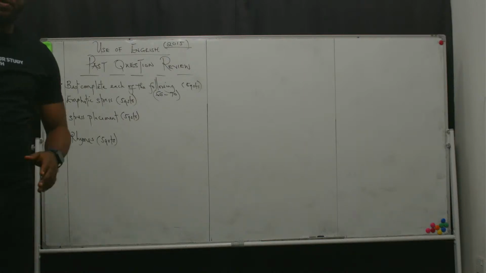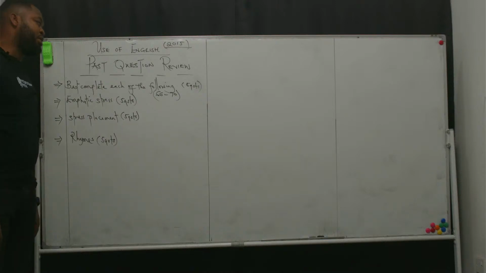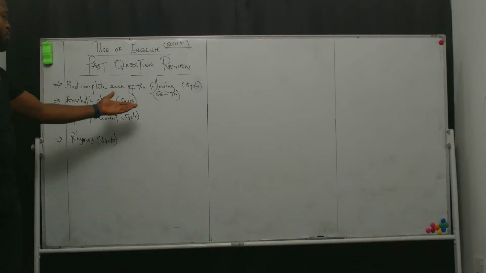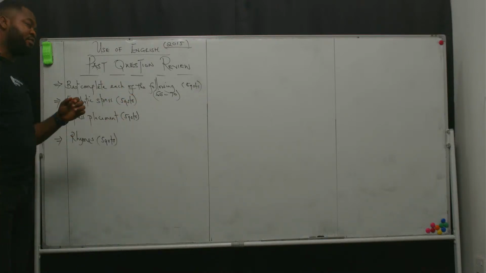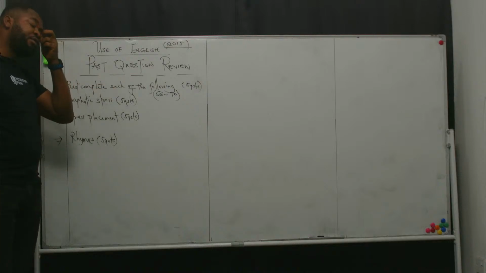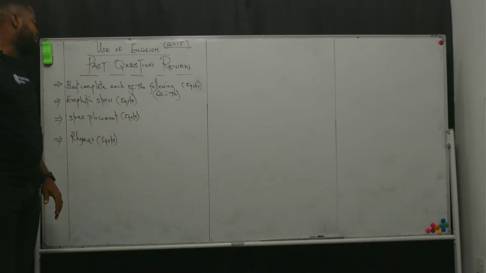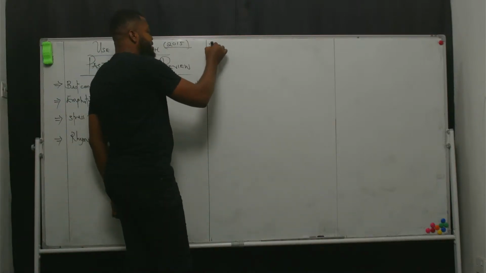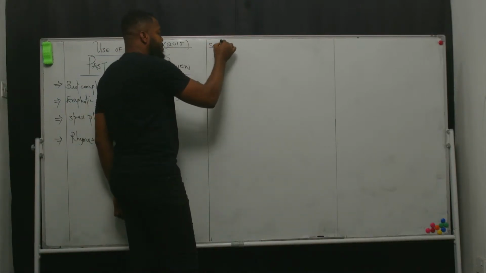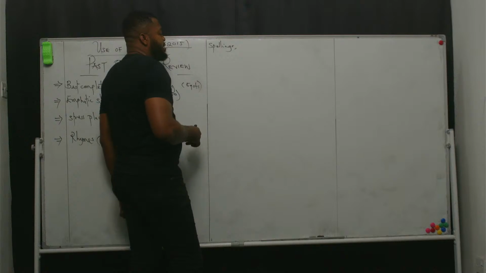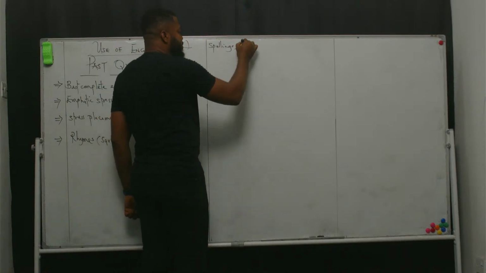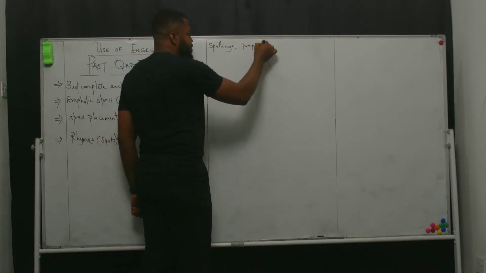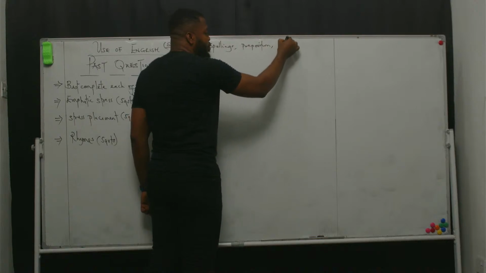So students from YouTube or other platforms can also attempt question 66 to 70 on best complete each of the following. The aspect of best complete of the following will test you on spellings. That's number one. You'll be tested on preposition, that is appropriate use of preposition, and also preposition collocation.